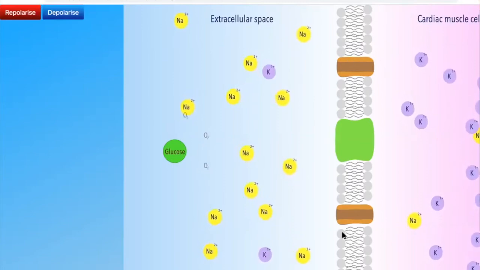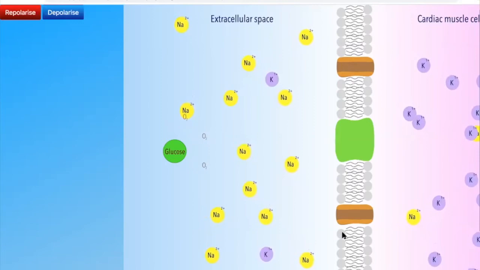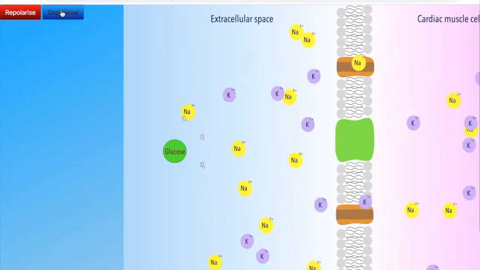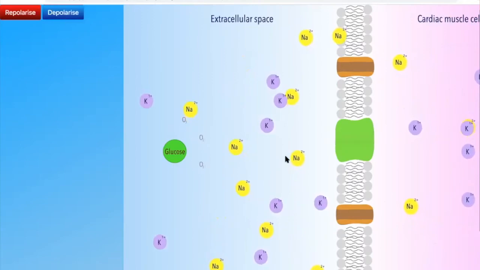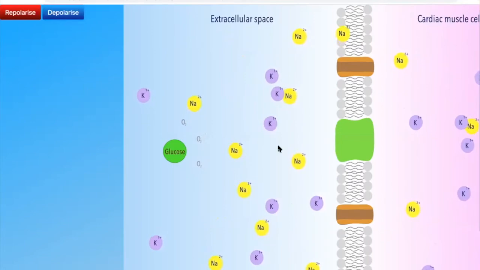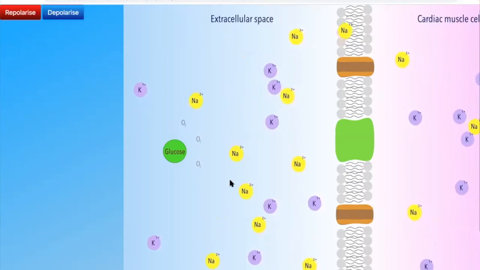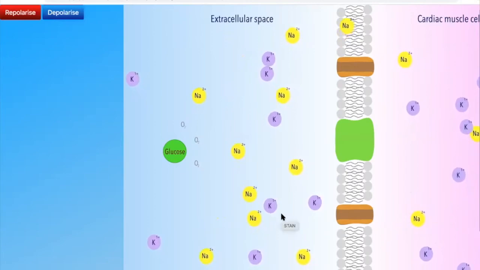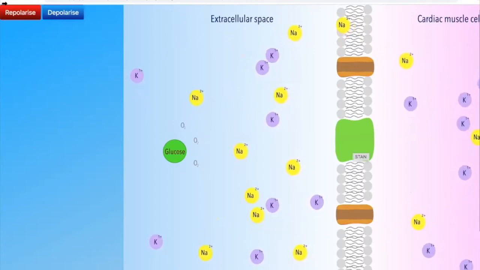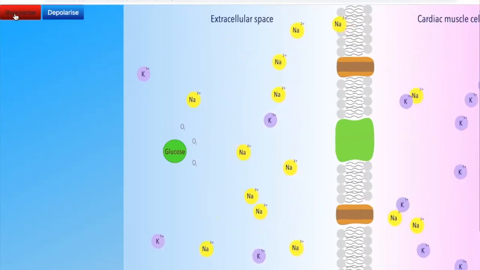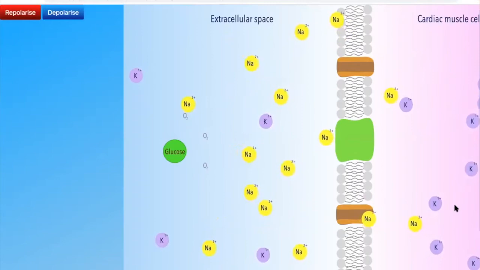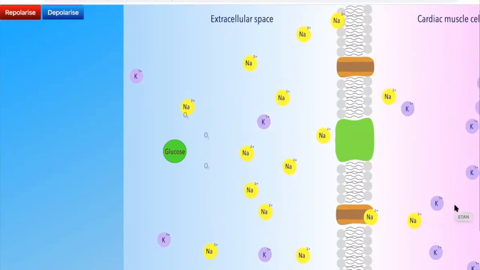Now, if this depolarizes and the ion gates open, the minerals will cross and reach an equilibrium, so a similar number of potassium inside and outside, and sodium similar inside and outside. Okay. As the gates close, and as the heart repolarizes again, the sodium is pushed out, the potassium is pushed in, and we reach a state.